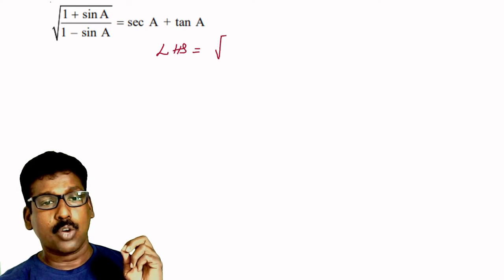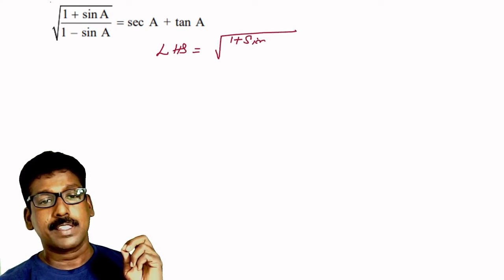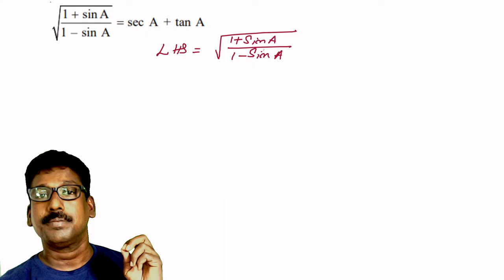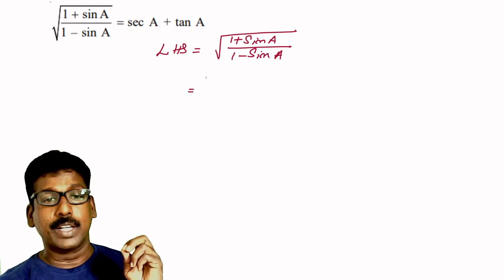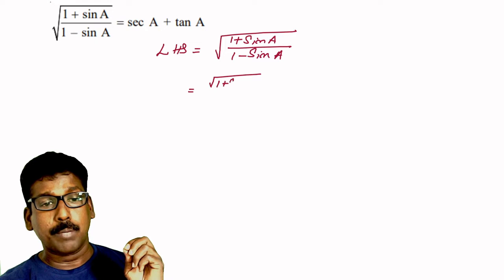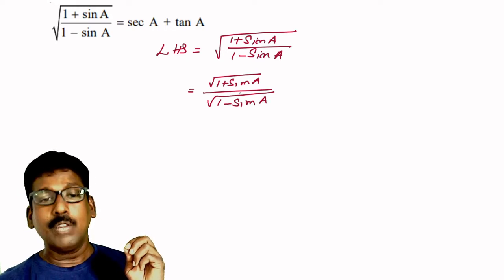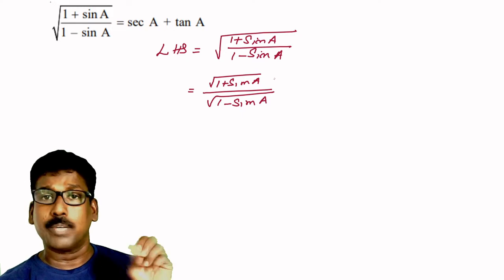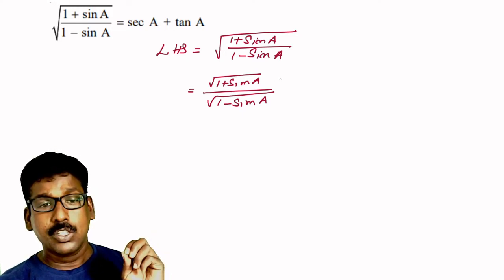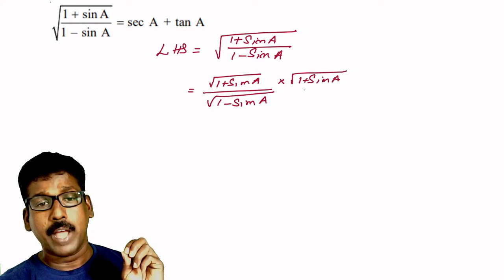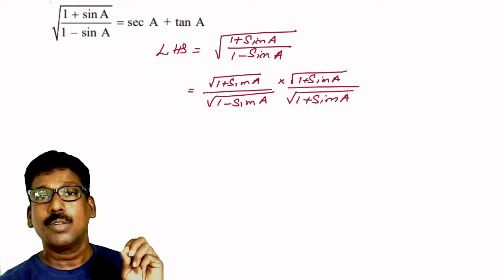LHS is square root of 1 plus sin A divided by 1 minus sin A. Now this you can write as square root of 1 plus sin A by square root of 1 minus sin A. Now let me multiply both numerator and denominator by square root of 1 plus sin A. What will you get?